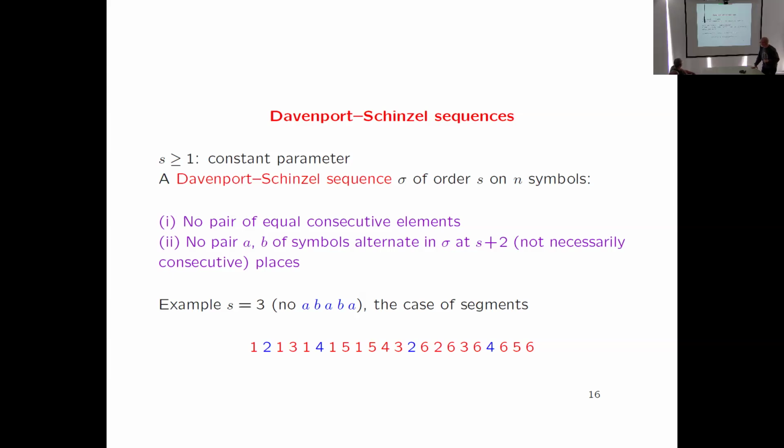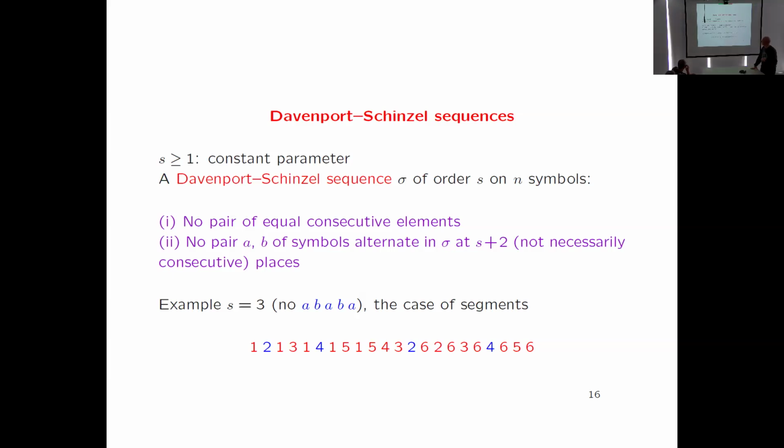So for example, for segments, as it turns out, s will be 3. So you don't want an ababa, a, b, a, b, a. Here is the sequence that we saw before, and I just chose 2 symbols, 2 and 4, to show you that you can get 2, you can get 4, you can get 2, you can get 4, but you cannot get another 2 later.